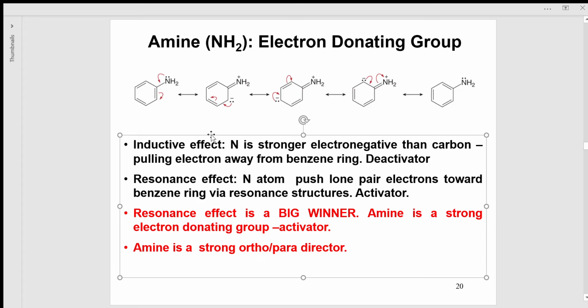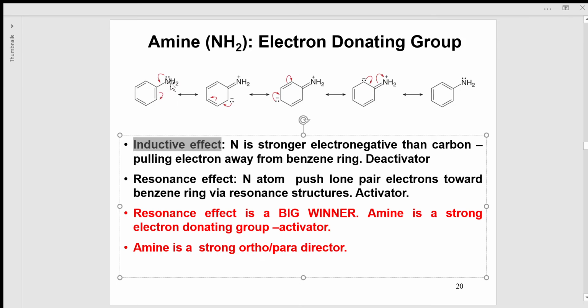Most of the cases you can draw a conclusion whether it is an electron donating or electron withdrawing group. Let's take a look at the inductive effect. When we look at the inductive effect, we only analyze this bond, the nitrogen and carbon bond here.